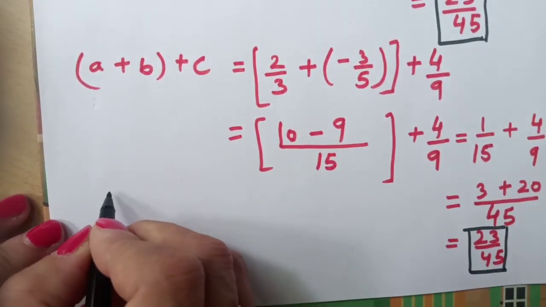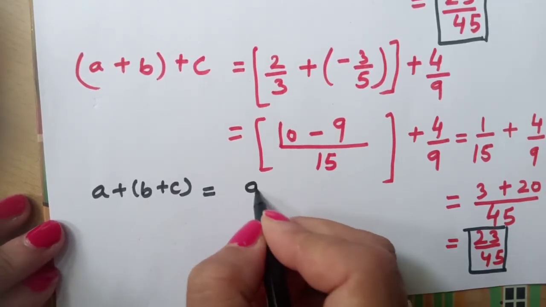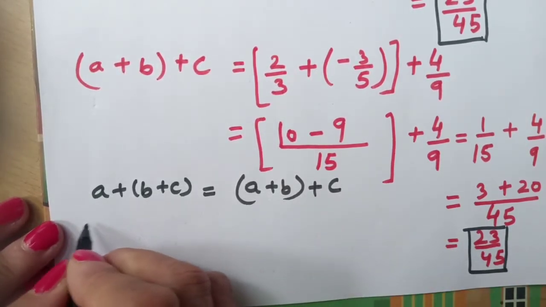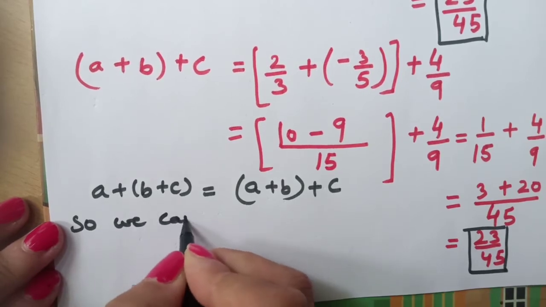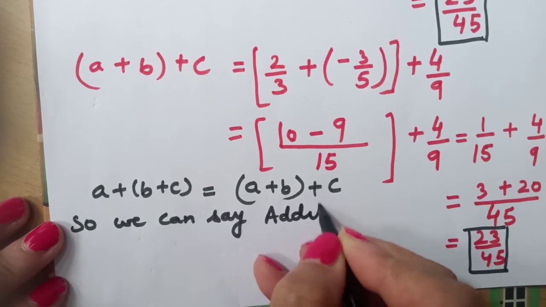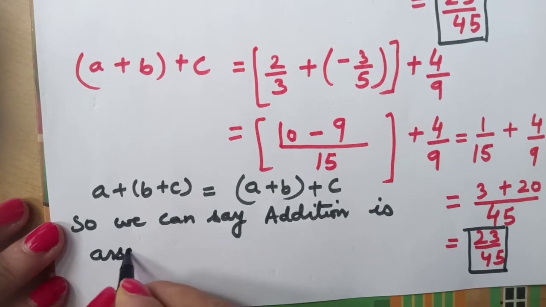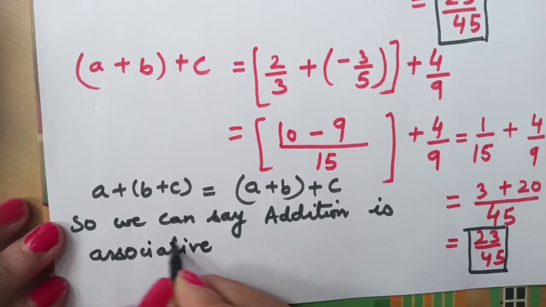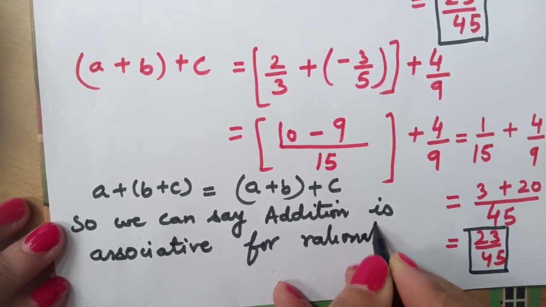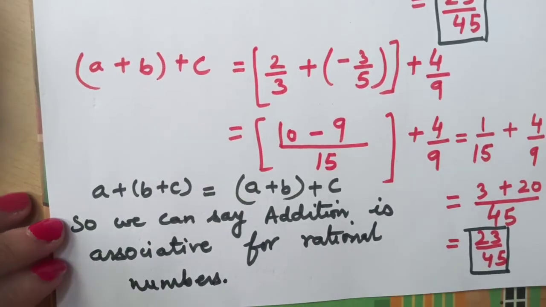Conclusion is that (a plus b) plus c is equals to a plus (b plus c), and we can say addition is associative for rational numbers. Clear है यहाँ तक?